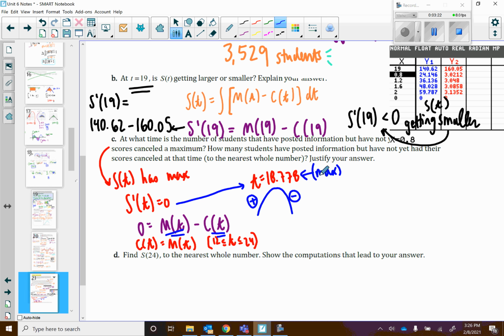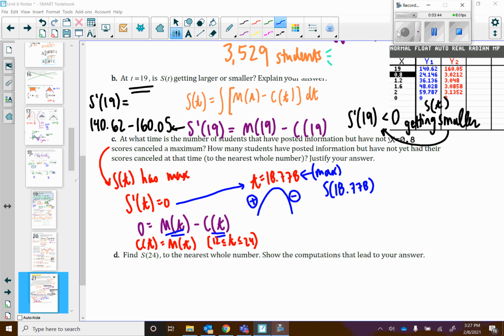But in order to decide if it is actually a maximum, we are going to find S of 18.778, and we are going to look at our, why is my brain not working right now? Our interval.